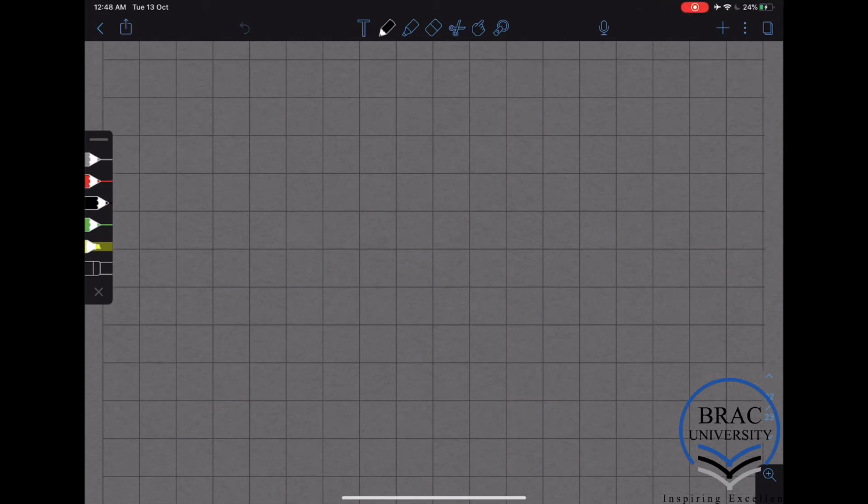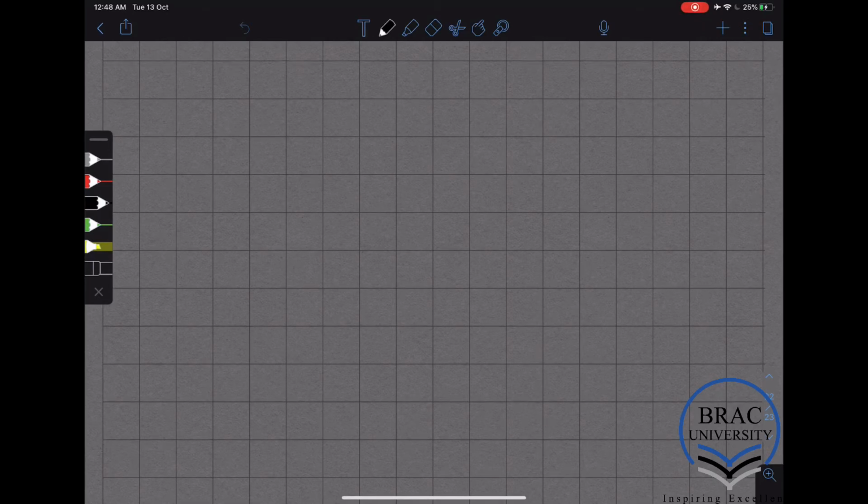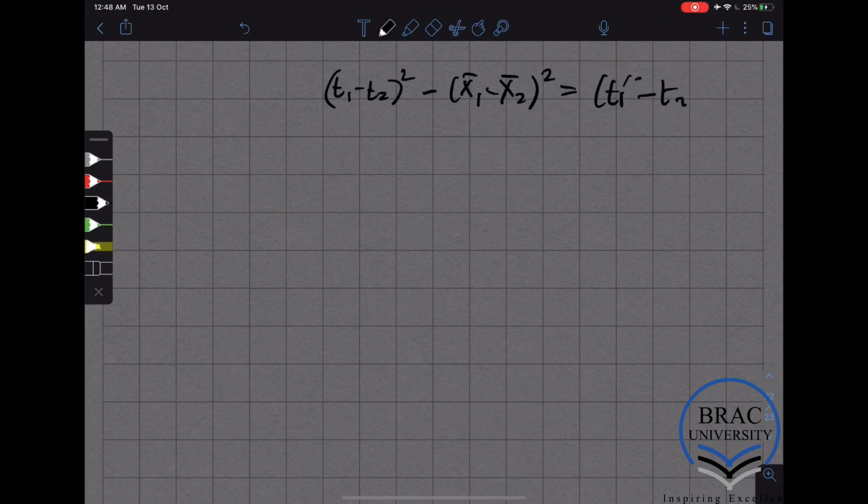So if two points are time-like separated, then we can see that this is positive.